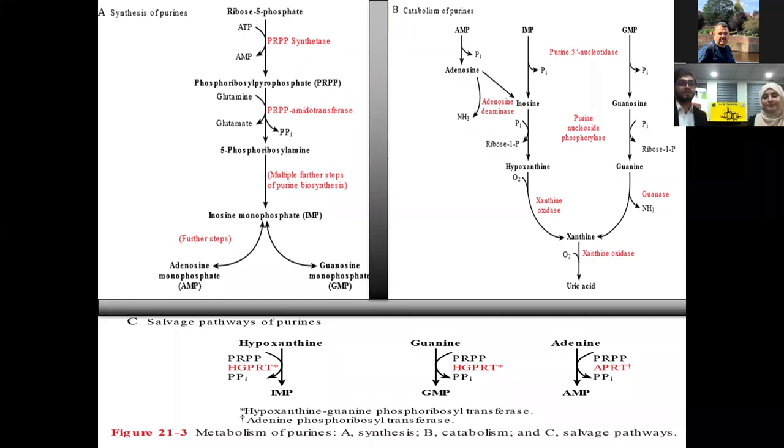If this HGPRT enzyme is deficient, as in Lesch-Nyhan syndrome, there is no salvage pathway of purines, which adds to other purine content and leads to high purine content, eventually hyperuricemia.